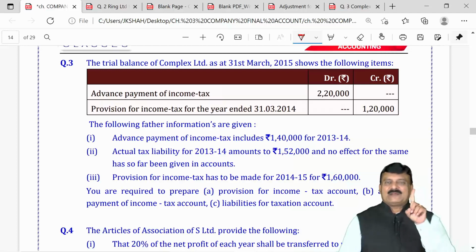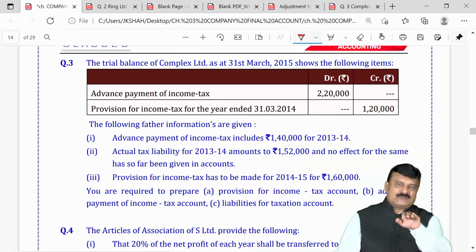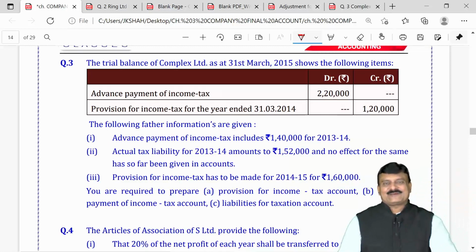All companies pay advance tax as well as keep provision for taxation for every year. For one year's advance tax, for that year you keep provision for taxation. Assessment is done in the next year normally. So the assessing officer will raise a demand of income tax from you in the next year.